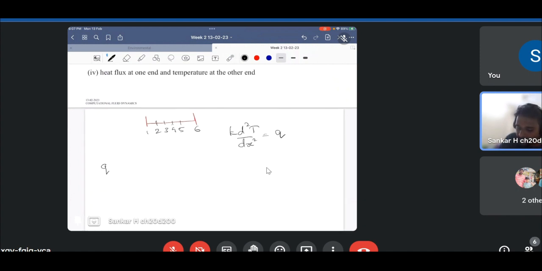We'll be doing this as k into T(i+1) minus 2 Ti plus T(i-1) by delta x square should be equal to Qi.